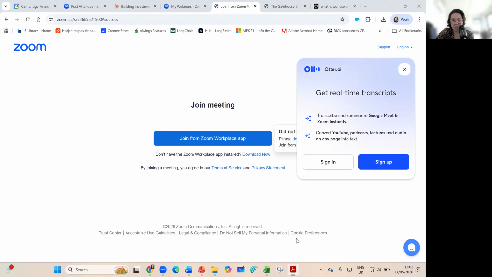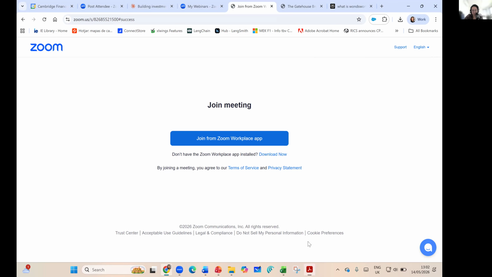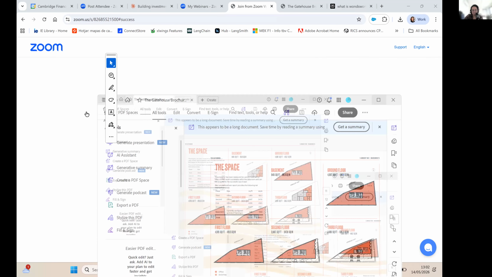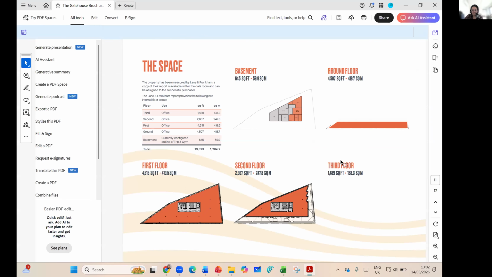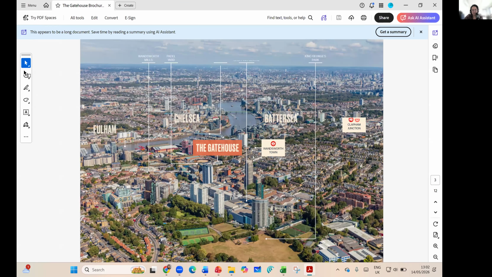And what I'm going to show today is this case study. This case study here is an investment in London. It's just a brochure here. So this is Gatehouse.